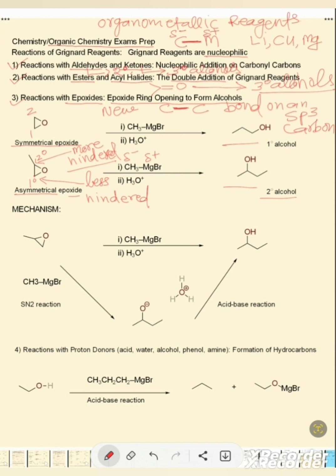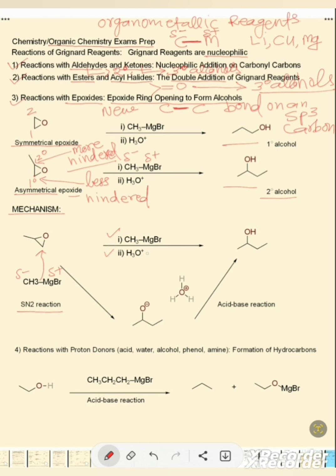And the reason for that is, if you see the mechanistic steps, this is simply a substitution nucleophilic second order reaction. And we know that in SN2 mechanism, the nucleophile approaches the sterically less hindered carbon. And so this reaction has two steps. First step is the substitution step.